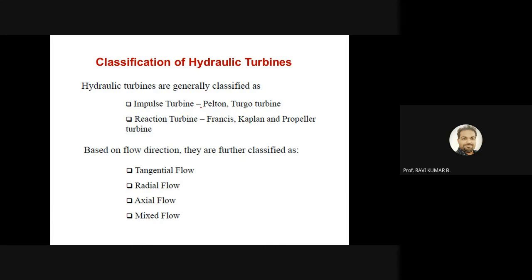There may be radial flow also, or there may be axial flow. Directly it enters the eye, meaning from the shaft direction, then rotates, and the outlet comes parallel to the shaft rotation. That is called an axial flow turbine. Mixed flow means it may enter radially and come out axially. It's called a mixed flow turbine.